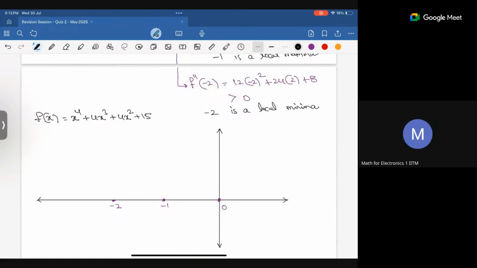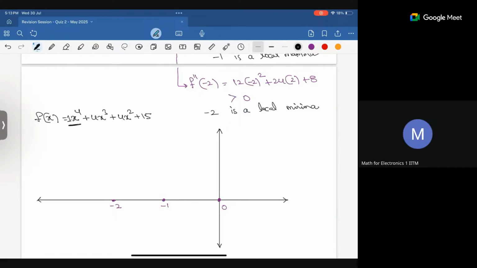For plotting, all you need is the highest degree term. x power 4 is the dominating term, because as x increases, x power 4 grows faster than any other term. Since it is positive, it will dominate the other 3 terms. As x tends to infinity, f of x will go to infinity.